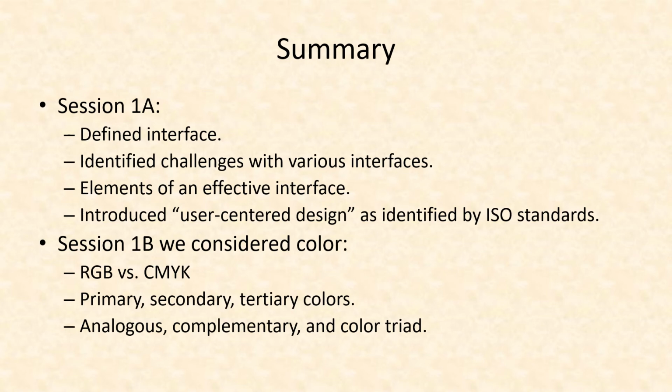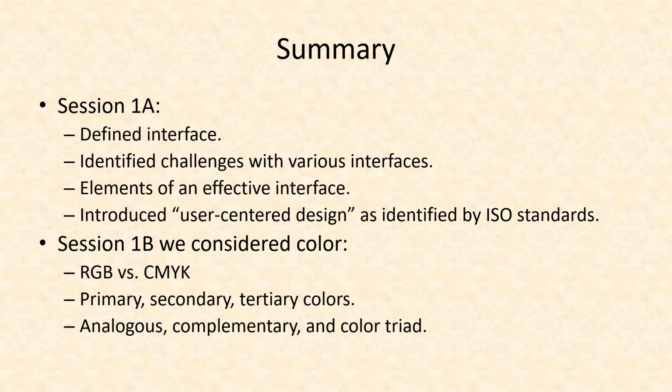To briefly summarize, in our first video, a separate video than this one, in session 1A, we started by defining interface, and we identified, or at least introduced, the concept of challenges that users face regarding using different interfaces. We considered elements of an effective interface, and we introduced the ISO standards and user-centered design.